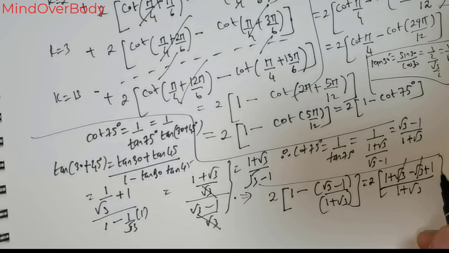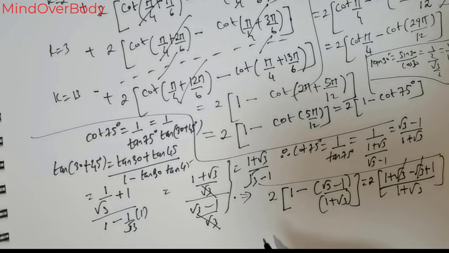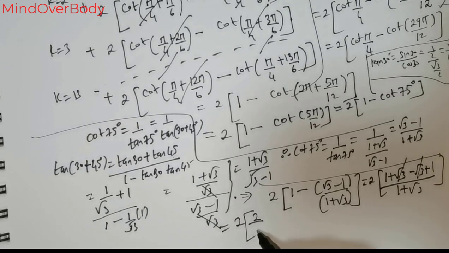So root 3 gets cancelled, giving me 2 there. So let me write that down. I got 2 of 2 over 1 positive root 3.